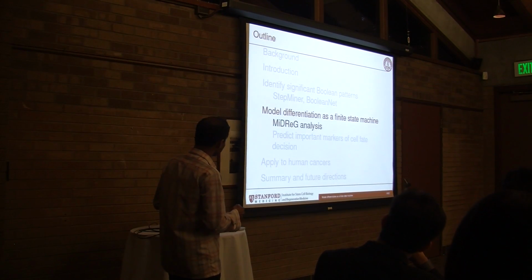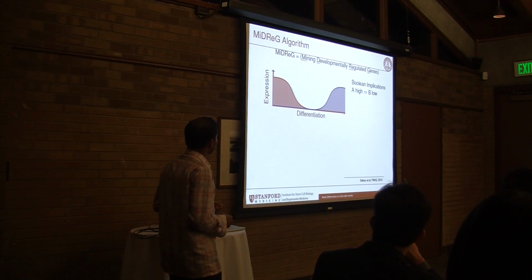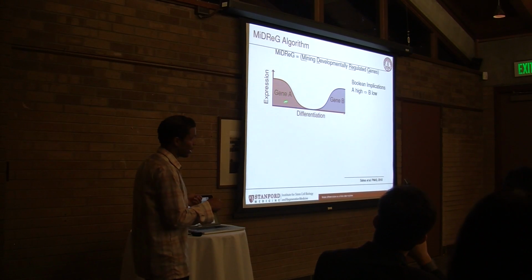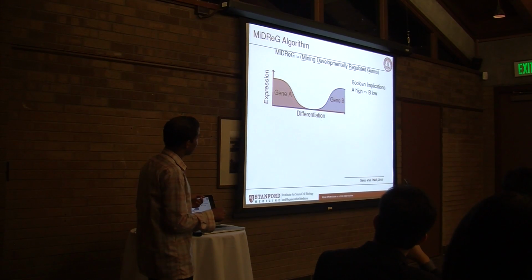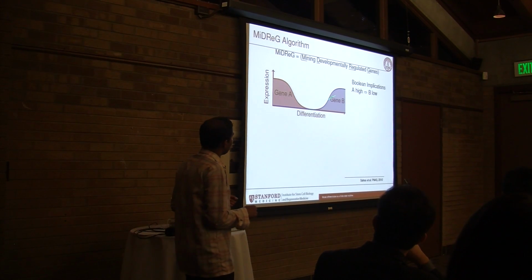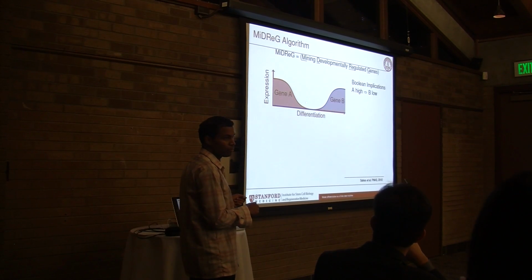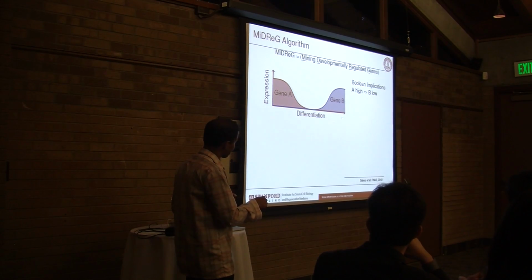Okay? So now we look at the stem cell biology. Let's talk about differentiation in general. You have a gene called A, which is expressed in the beginning of the differentiation, and a gene called B, which is expressed in the late stages of differentiation. And imagine that you have a Boolean implication between A and B. What that means is if A is high, then B is low, which is certainly true in this particular path.